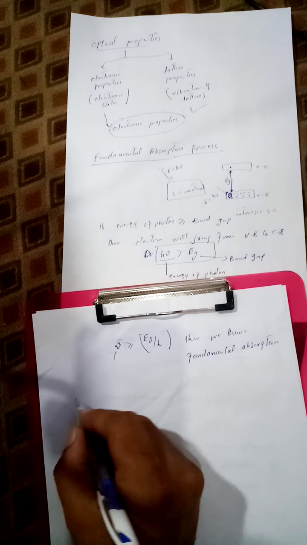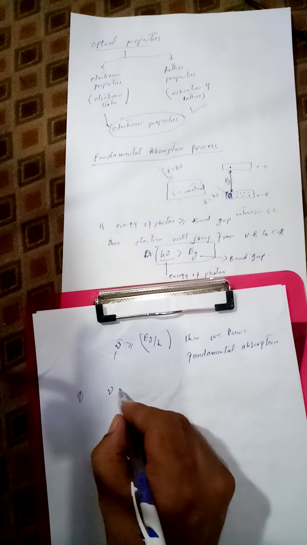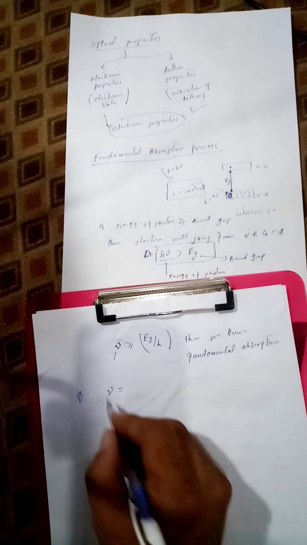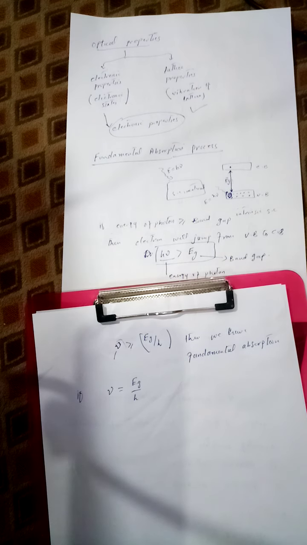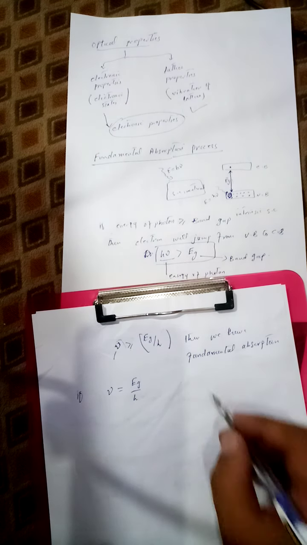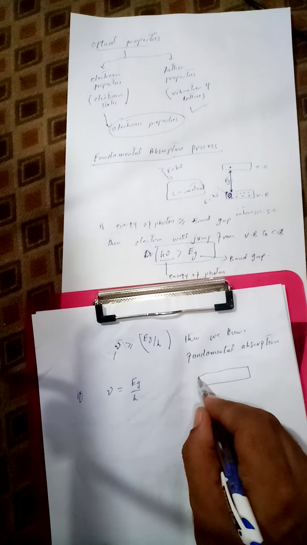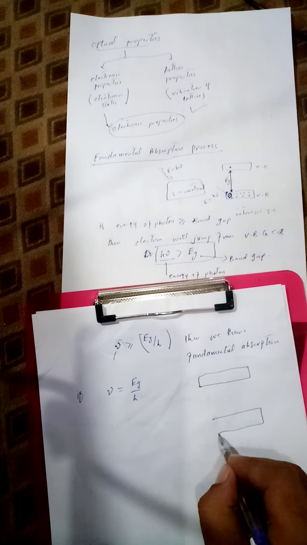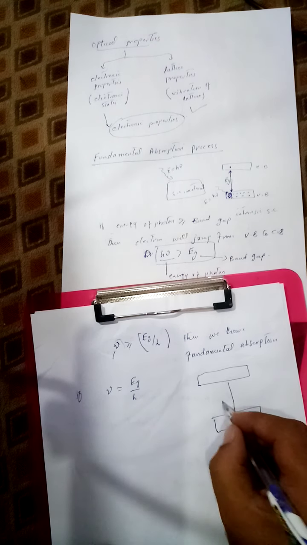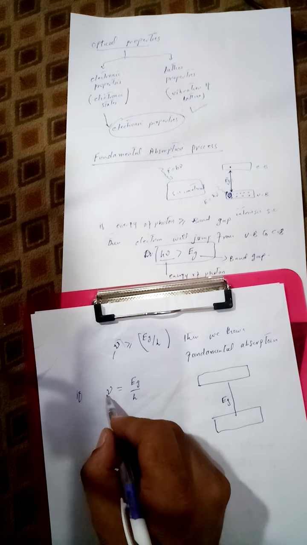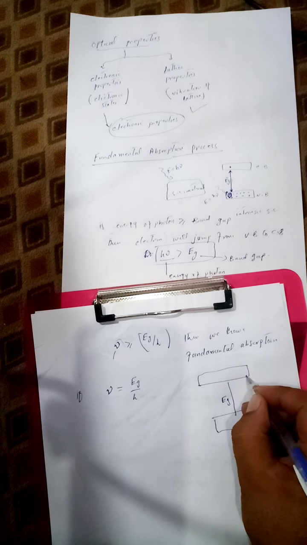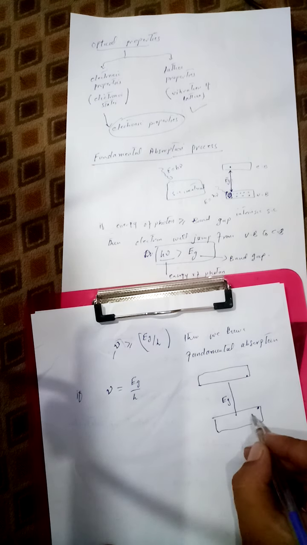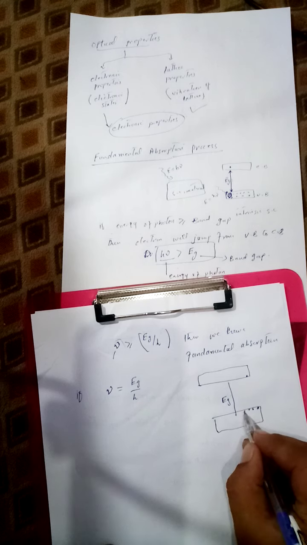Now, if nu, the frequency of the photon, is equal to Eg over h, then in the conduction band we have a large number of energy states, and in the valence band we have a large number of energy states. This is the band gap Eg. If the frequency is this much value, then only electrons from the top of the valence band will jump to the bottom of the conduction band.